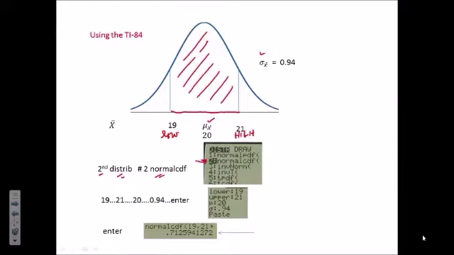You put in the low end, 19, the high end, 21, mu is 20, and the standard deviation is 0.94. Navigate to paste, press enter, and there's the answer. Approximately 0.71 or 71%.